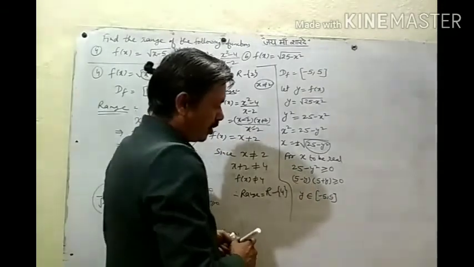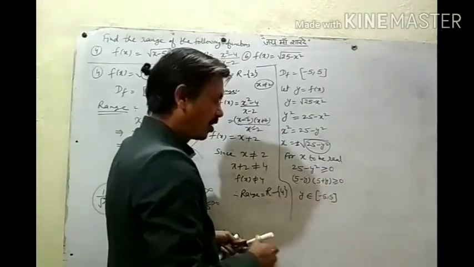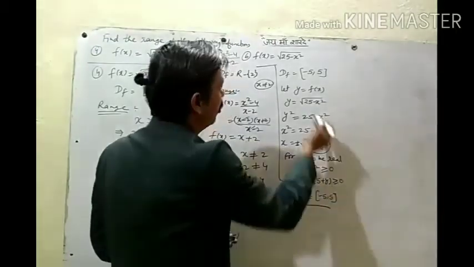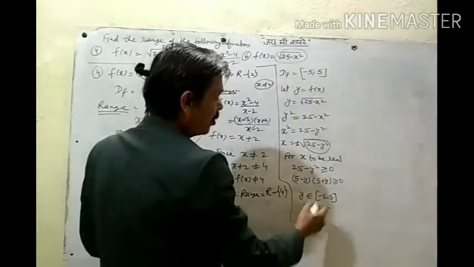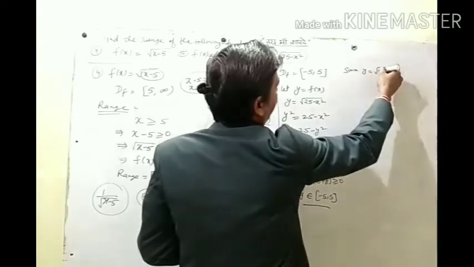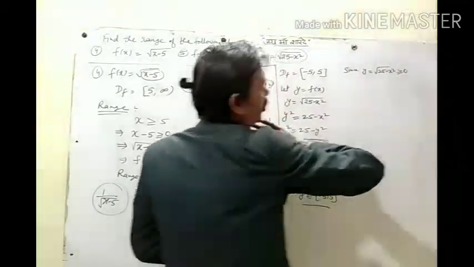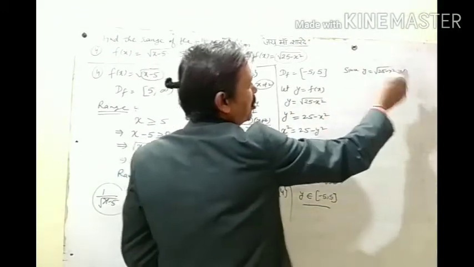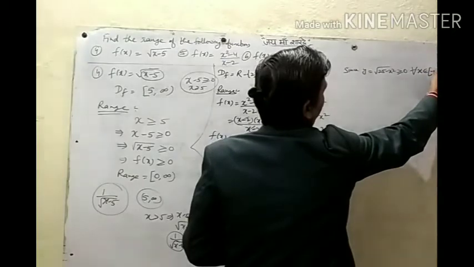So the value of y is in this interval, meaning it can be the range. But one more thing here: y equal to root 25 minus x square is given as more than or equal to 0. Its value can be more than or equal to 0 for all x belonging to minus 5 to 5.